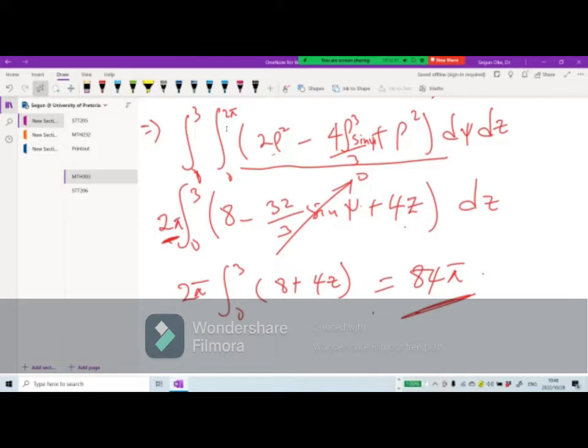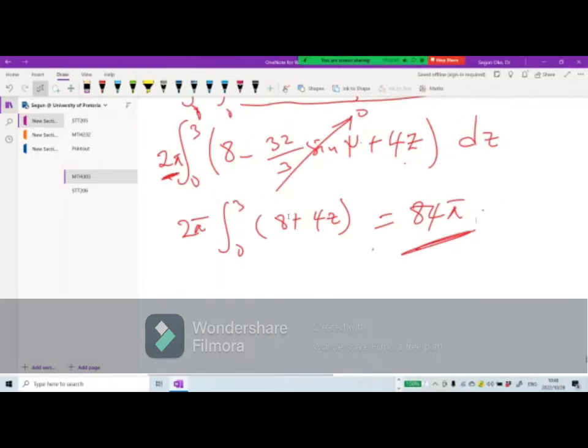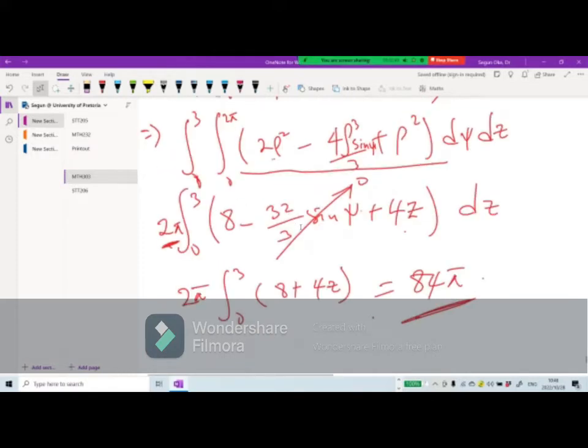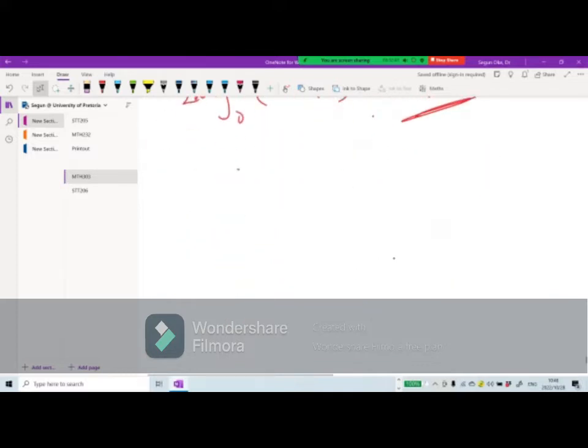So let's look at the Stokes theorem. Under the Stokes theorem, there is a bit of difference. What is different with Stokes theorem is the formula, nothing more.